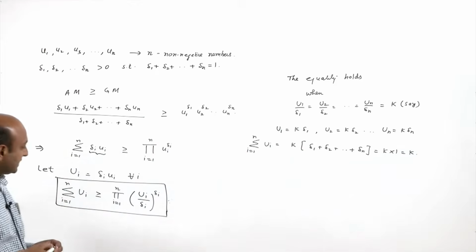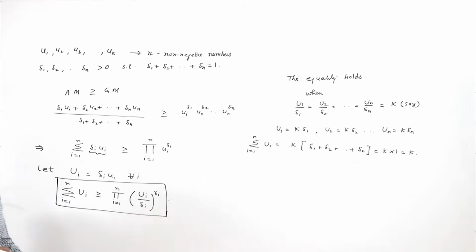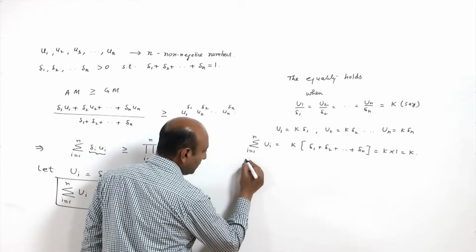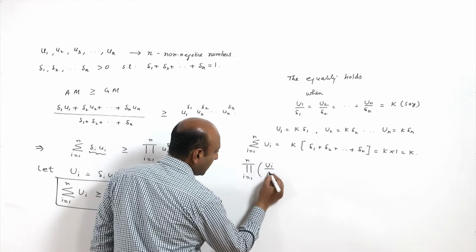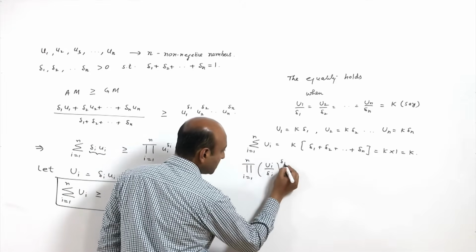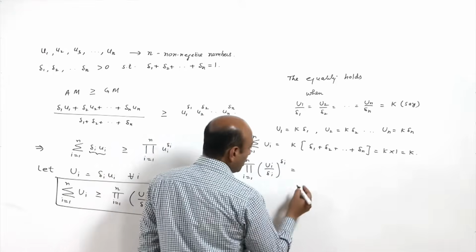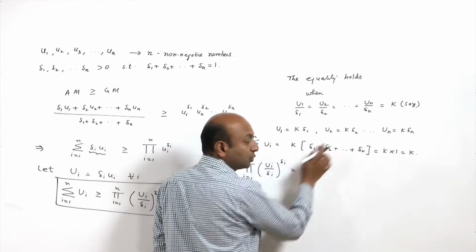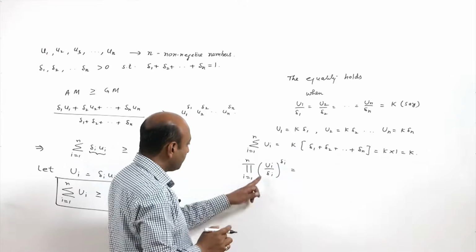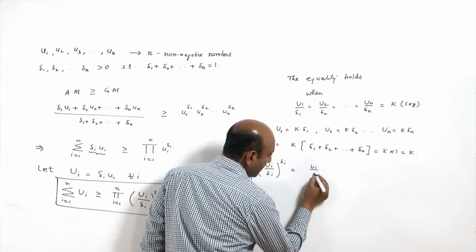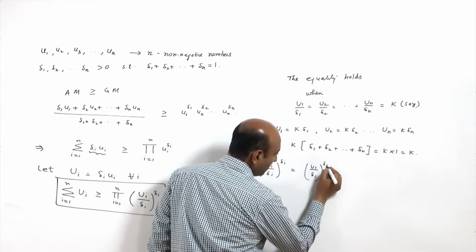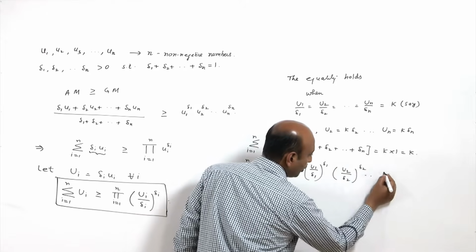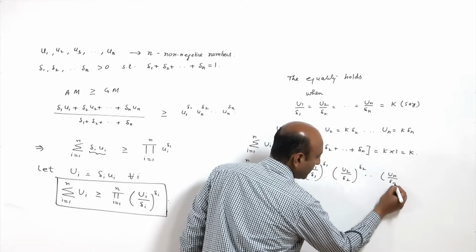Now, if you see the right hand side of this expression, then it is product of i from 1 to n, ui upon delta i whole raised to power delta i, which is equal to u1 upon delta 1, which is k, u2 upon delta 2, which is again k. That means, it is nothing but u1 upon delta 1 whole raised to power delta 1, u2 upon delta 2 whole raised to power delta 2, and so on, un upon delta n whole raised to power delta n.